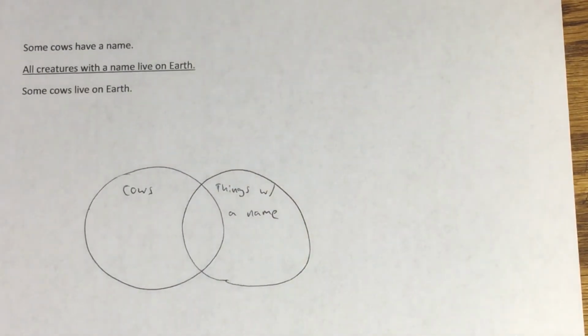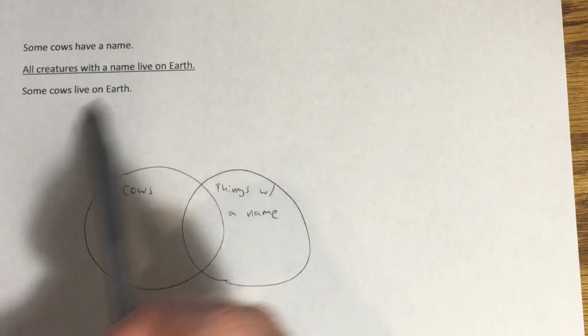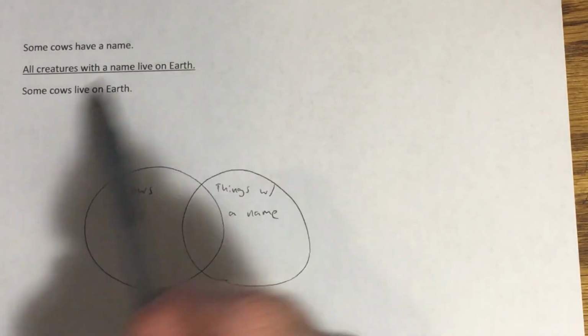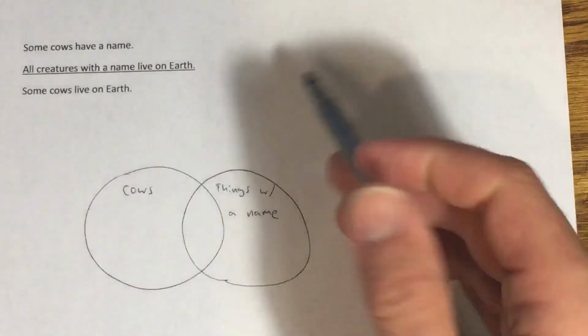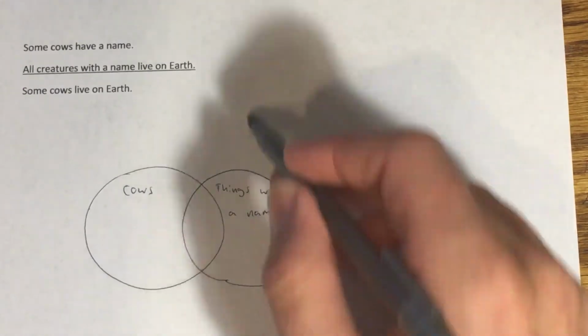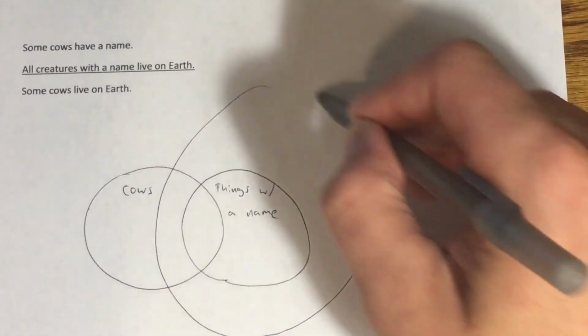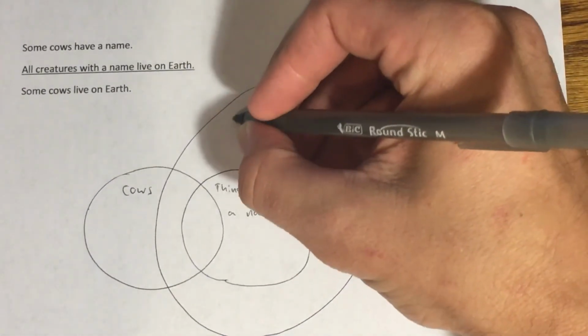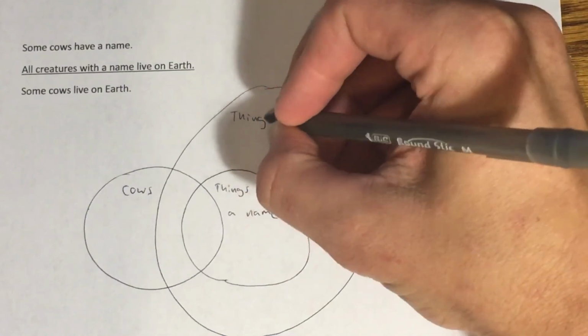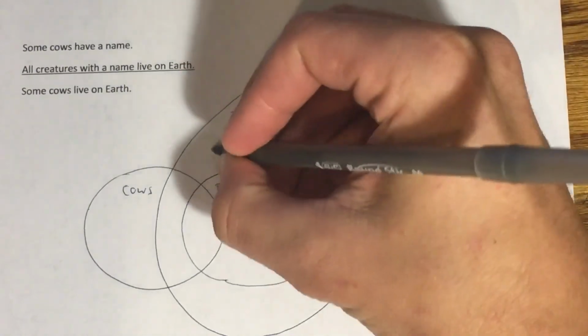I think that's probably true, but that's not what the premises are implying. So I don't have enough information to say that the set of things that live on Earth should contain both of these circles. The premise only implies that this circle here should be contained in the set of things that live on Earth.